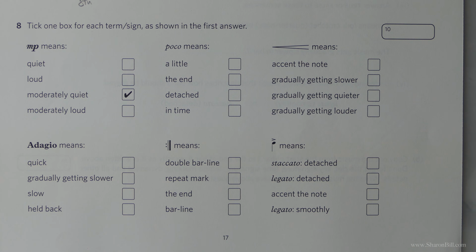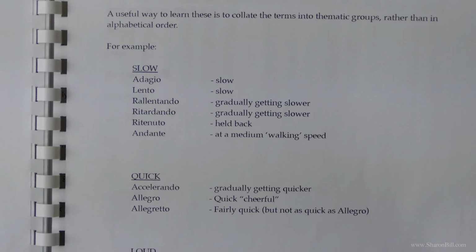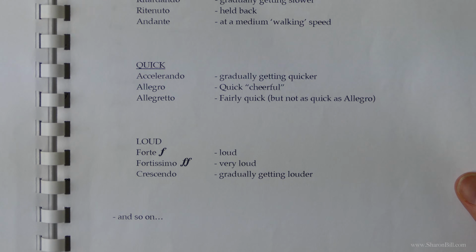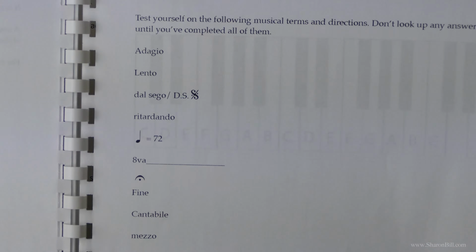And so as a means to help you to get your revision going, at the end of the PDF document you can see that I've given you some revision tips on how to group these performance directions to better aid revision. You can even colour coordinate it, whatever helps you. And then I've given you a little test at the back of the book, just a bit of extra revision.